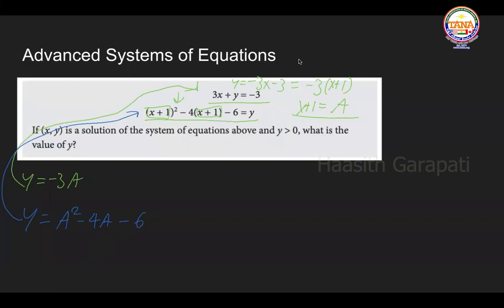There's a whole bunch of ways that you can solve this. I'll show you guys one method I think we haven't gone over, which is substitution, where you just simply set these two equal to each other right out of the gate, and you do negative 3a is equal to a squared minus 4a minus 6.